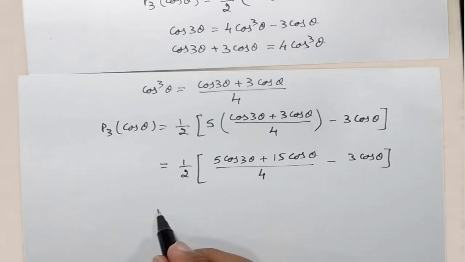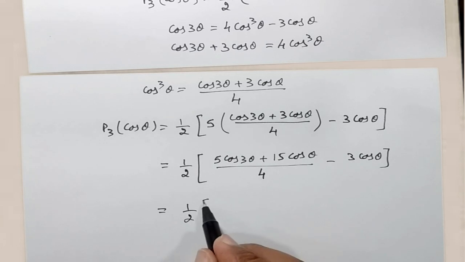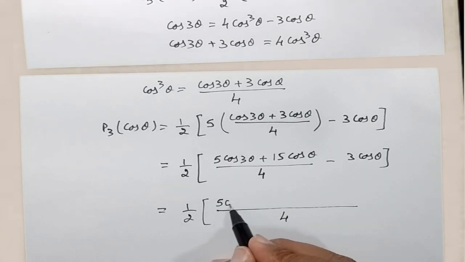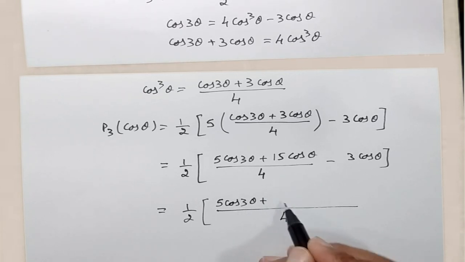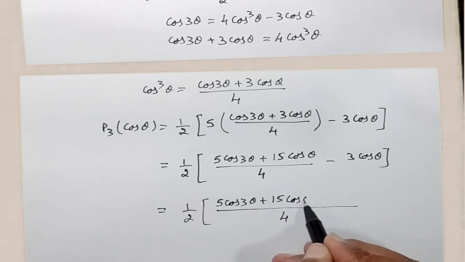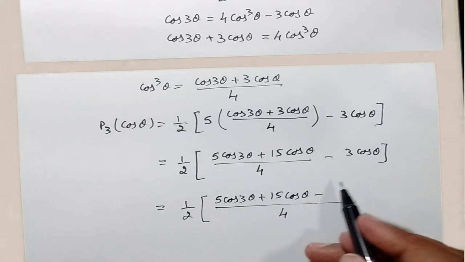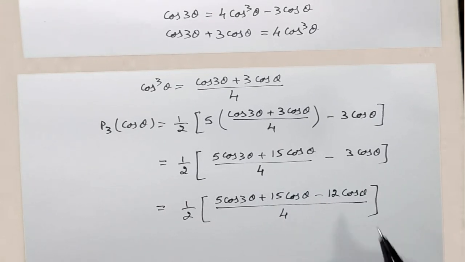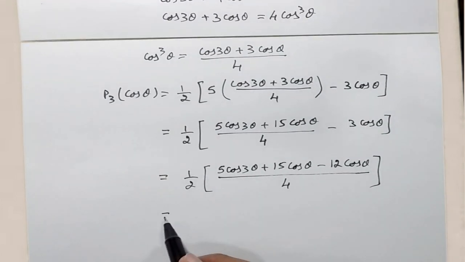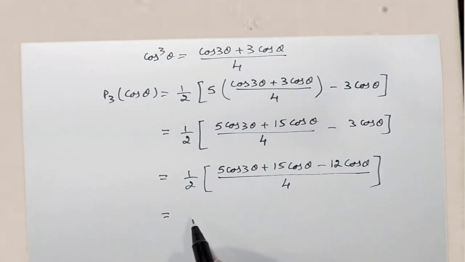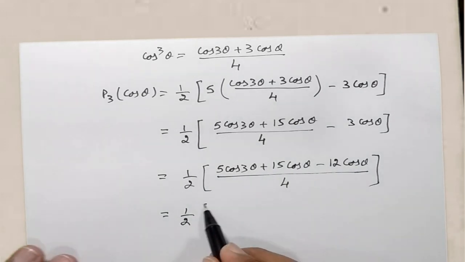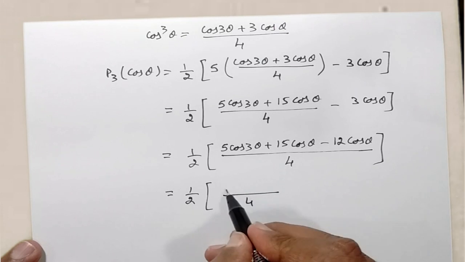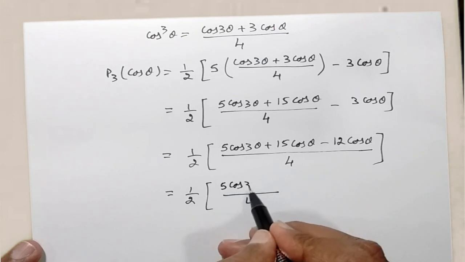So we'll try to take the LCM over here. 4 is the LCM. So the numerator as it is, 5 times cos 3 theta plus 15 times cos theta. Multiply 4 times 3 will be 12. So it becomes 12 cos theta, which will be equals to 1 by 2 times, like terms you can add. 5 cos 3 theta as it is.